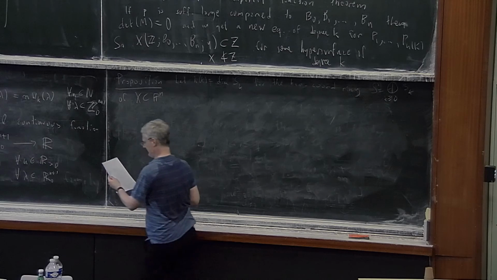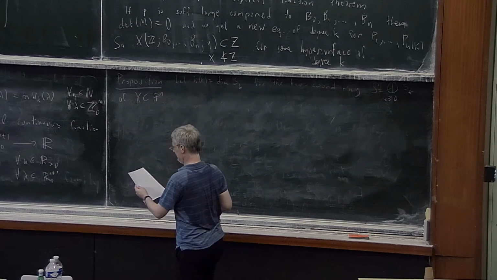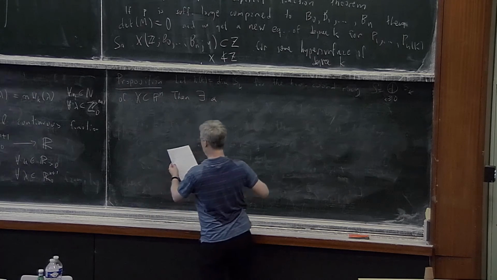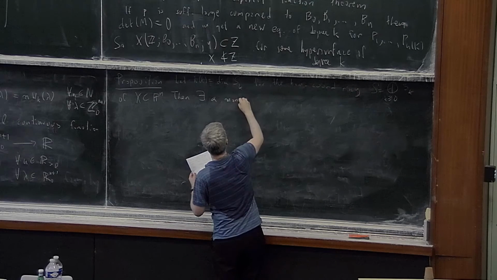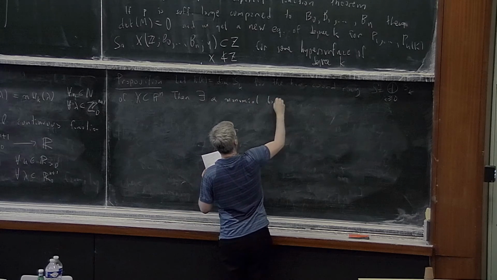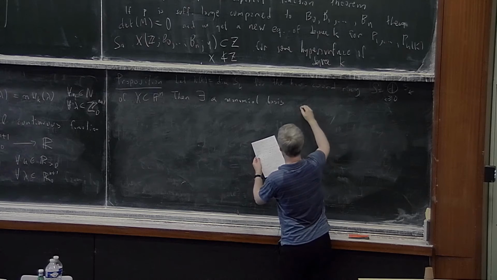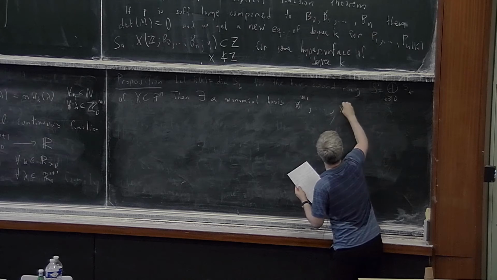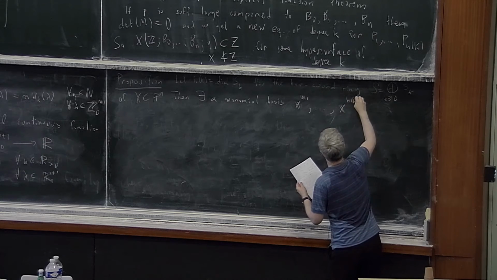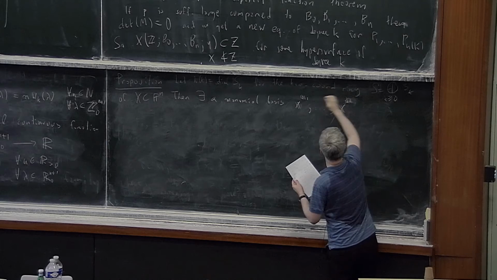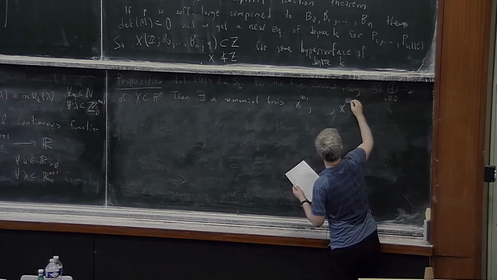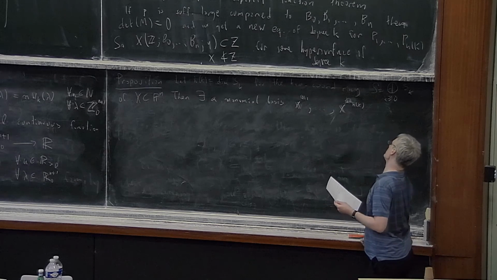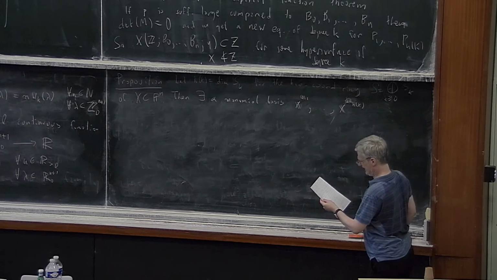So this is the first thing. Then there exists a monomial basis, which I call x^(a_1) up to x^(a_h(k)), where each a is an n-tuple of integers. I have such a monomial basis.